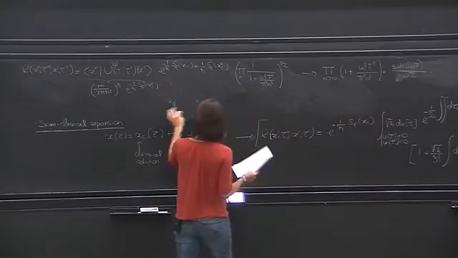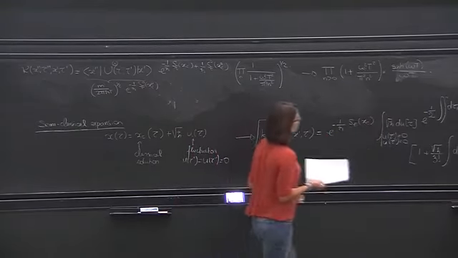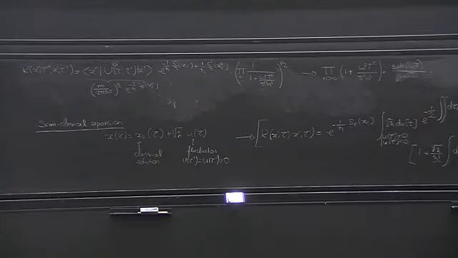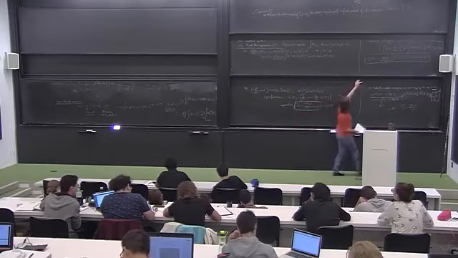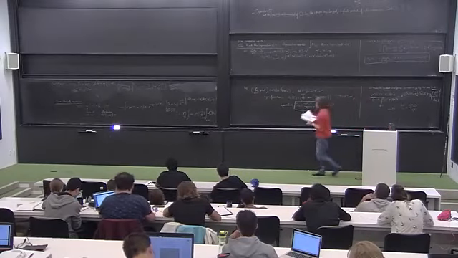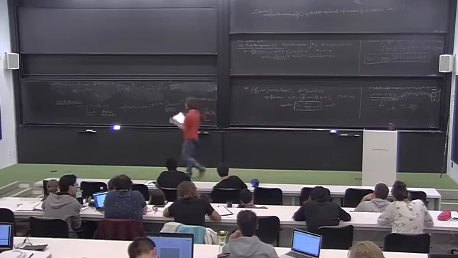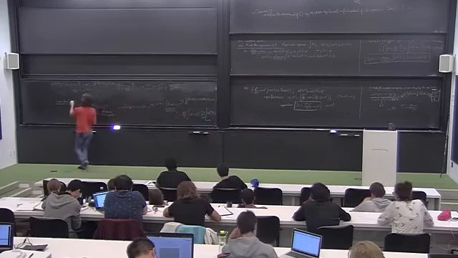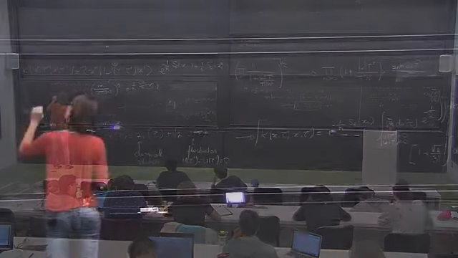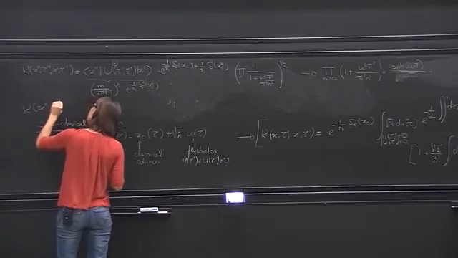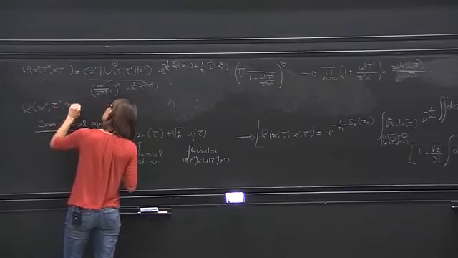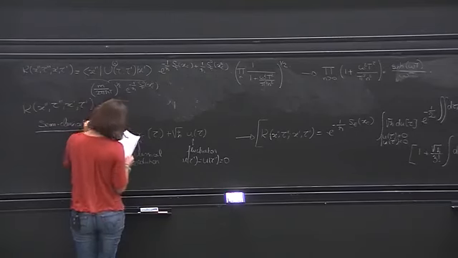So combining everything here, using the result that was in this box, we finally get this expression for the harmonic oscillator, and we're going to use it in a moment.